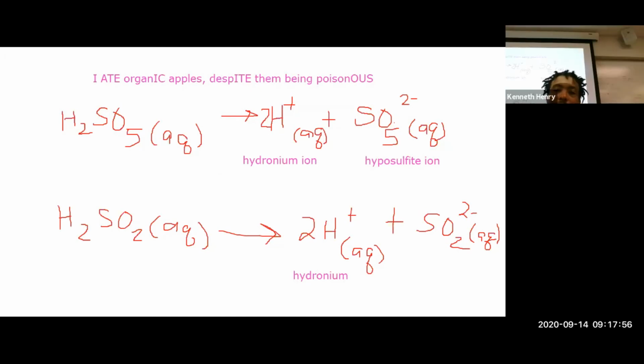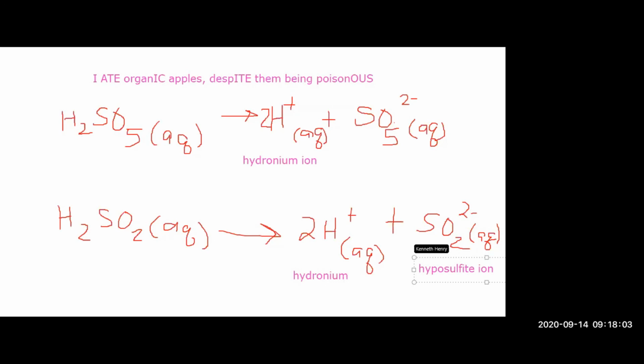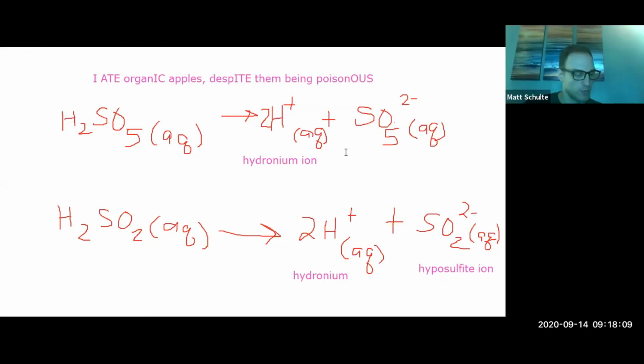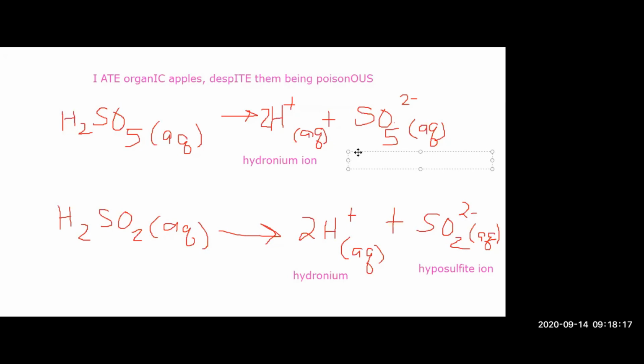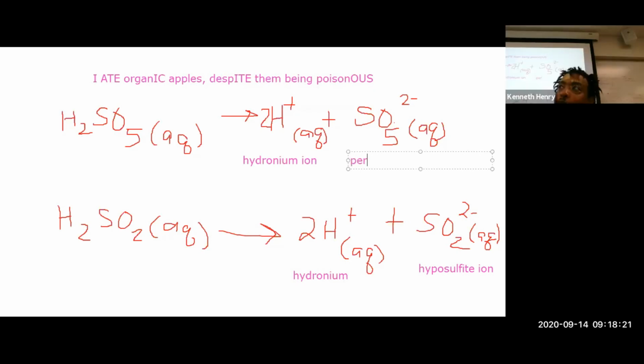Okay. So the top one would be hyper sulfate or sulfite. Is it hyper or do we use something else? Per. Per, that's right. So it'd be persulfate ion.